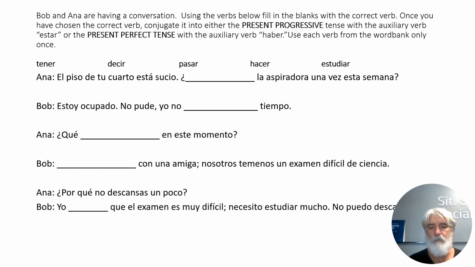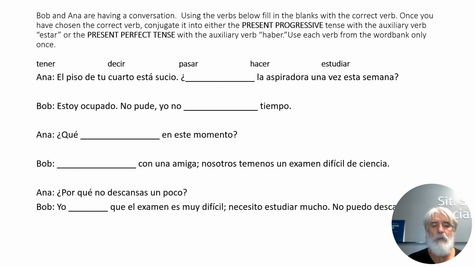Have you vacuumed? So we're going to use the present perfect tense. Does everyone see this? You're not going to use "are you vacuuming once." It's "have you vacuumed," okay? That is the best tense to use here. So how would you ask somebody, have you vacuumed?